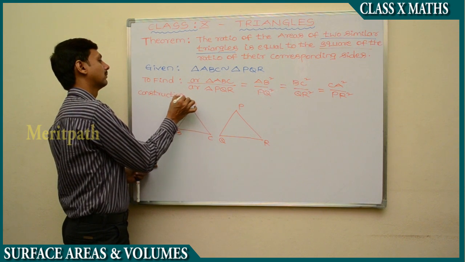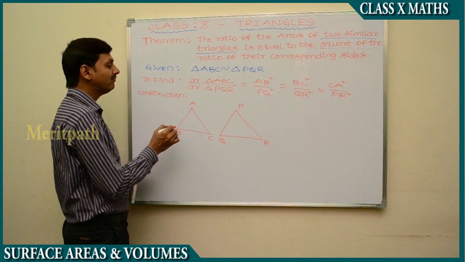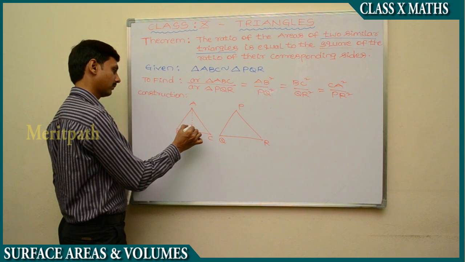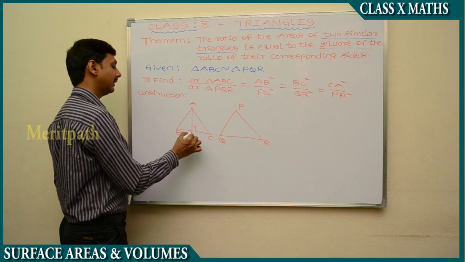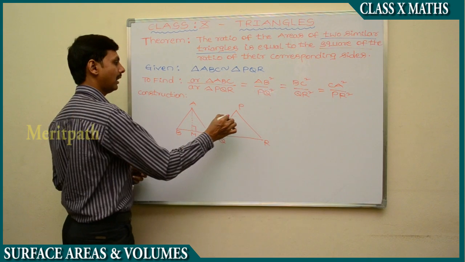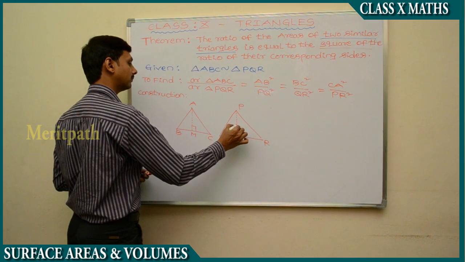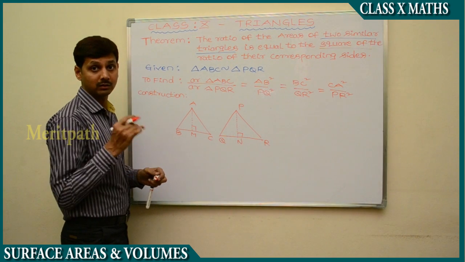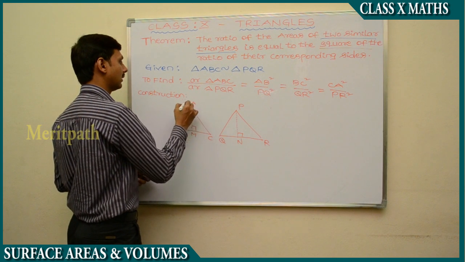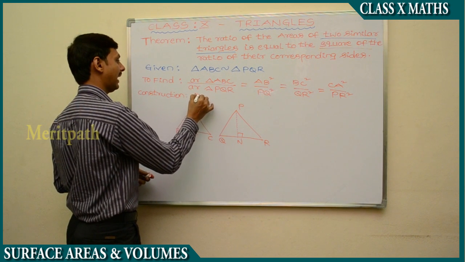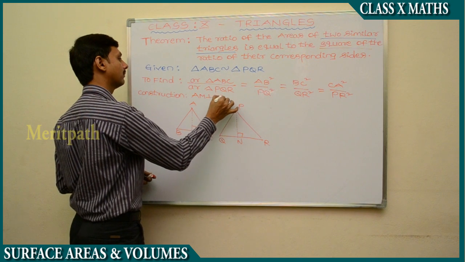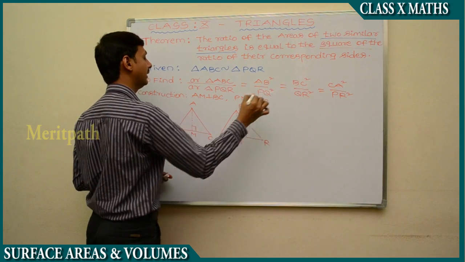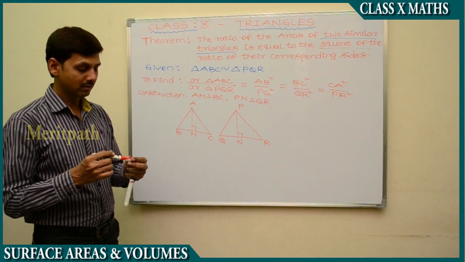Construction: draw a perpendicular line from A to BC, let's name it AM, and draw a perpendicular line PN. Perpendicular line means 90 degrees. So we draw AM perpendicular to BC and PN perpendicular to QR.